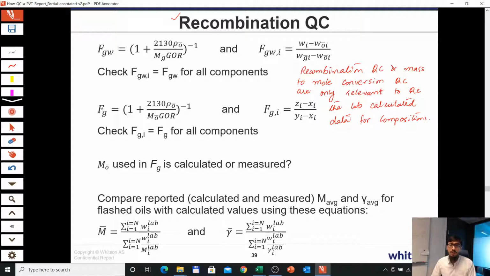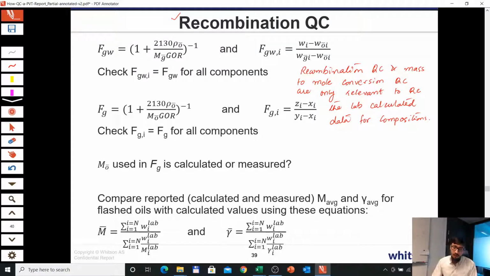When we are doing the QC, we are again applying the material balance and seeing if the calculated values exactly match the lab value, just to check whether the lab has applied the same procedure, or if they have actually measured those compositions. So the same idea is applied here.